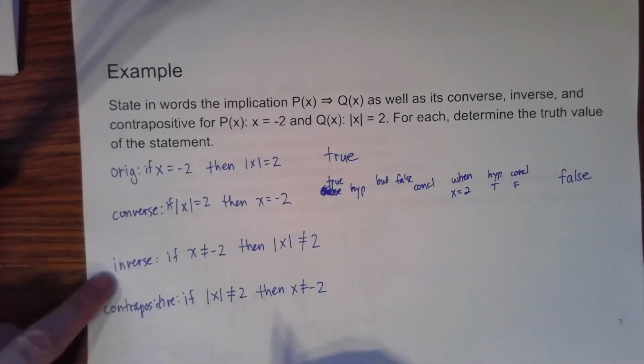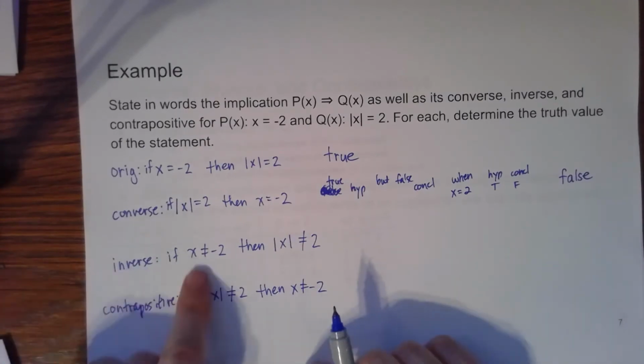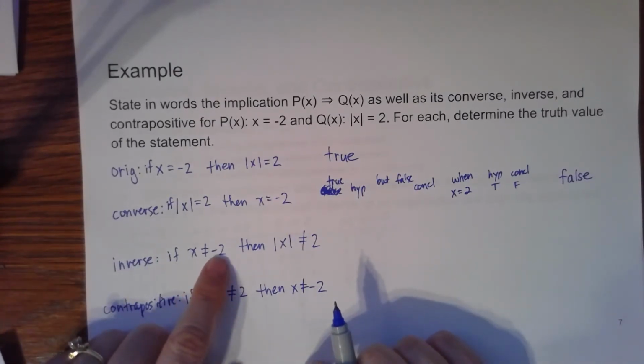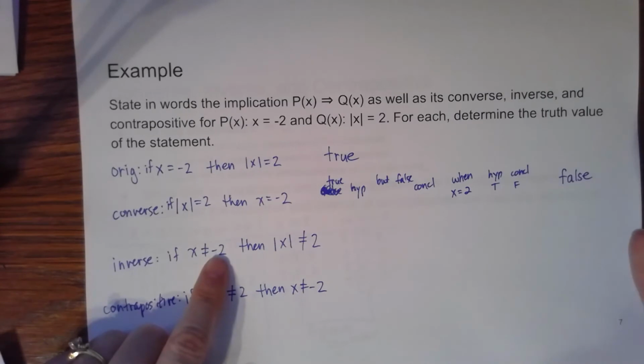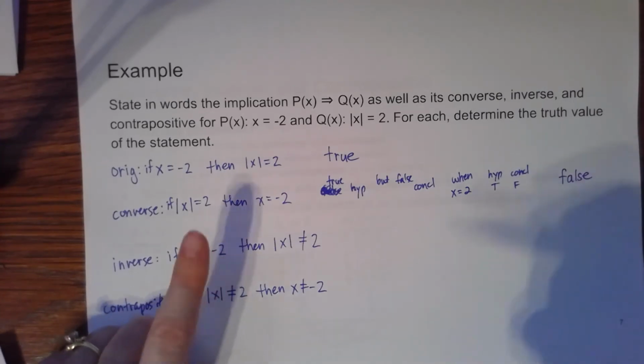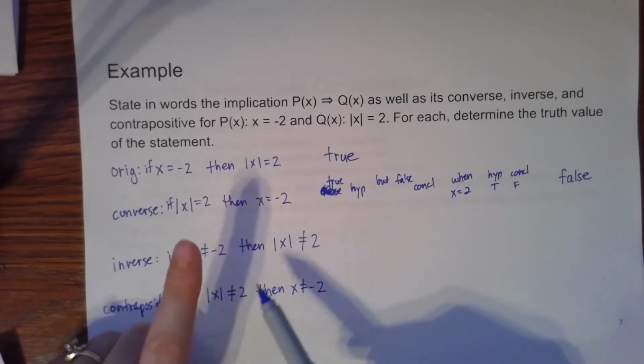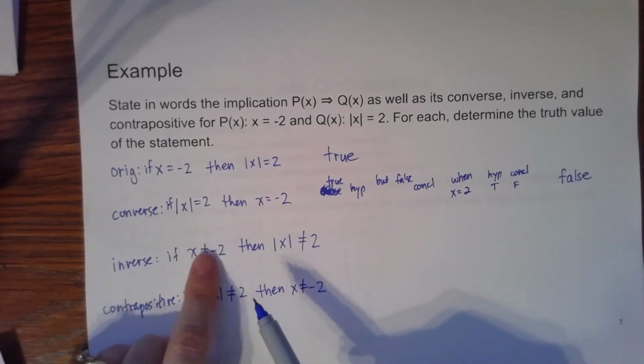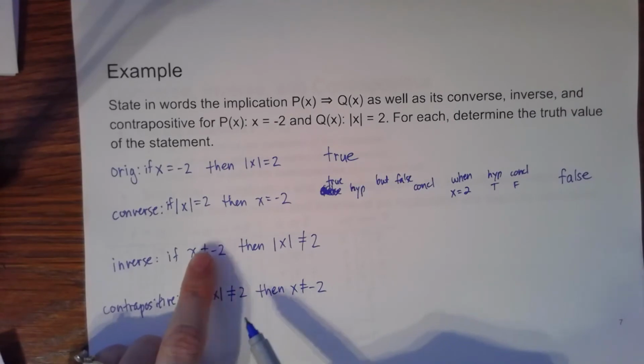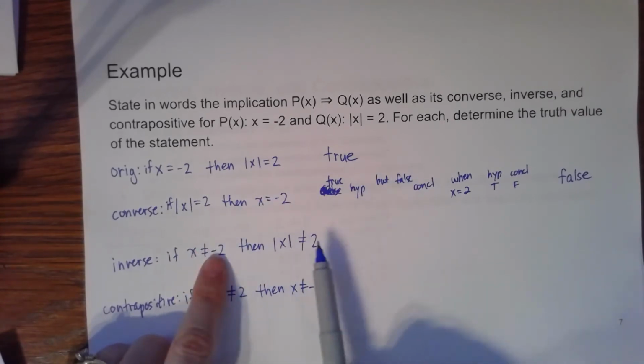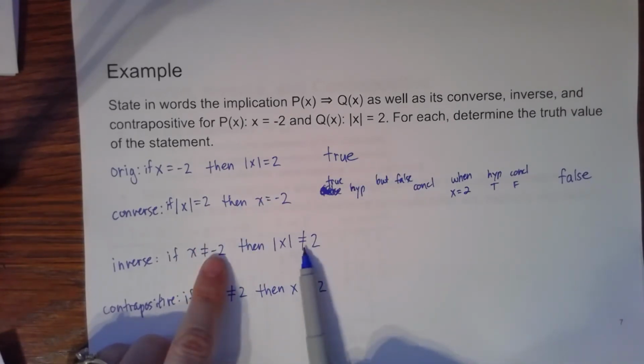Now let's look at the inverse. If x is not equal to -2, I can pick any number besides -2. I can pick -3, I can pick -1, I can also pick positive numbers like 2 or 7. If I picked any of those numbers, I would still have a true hypothesis. Would one of those also give me a false conclusion?